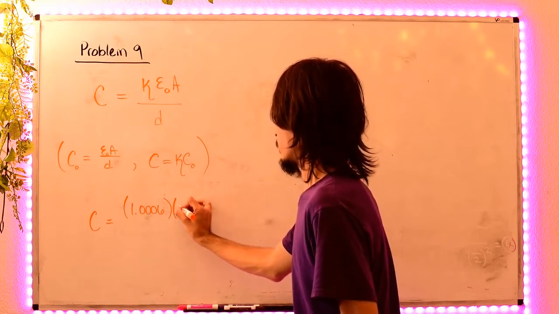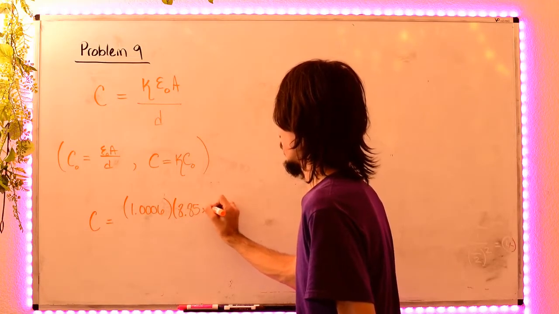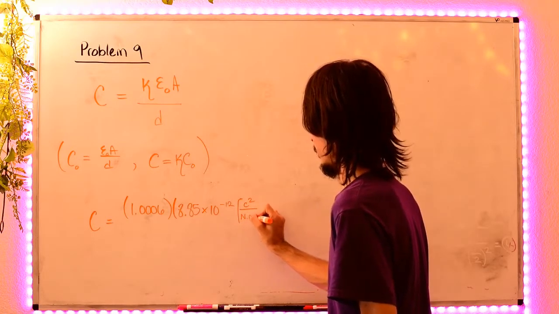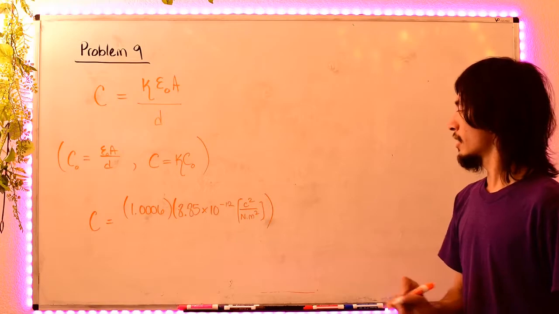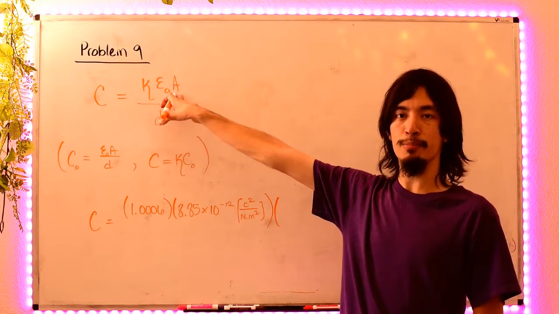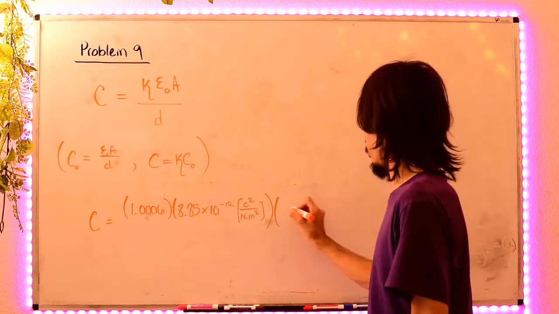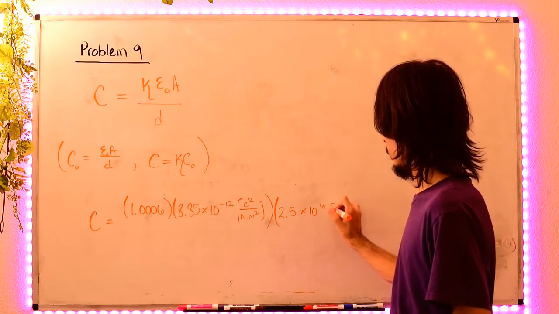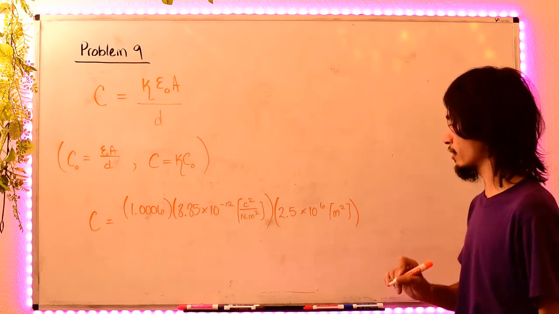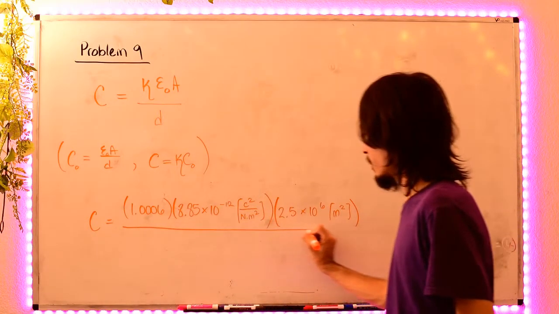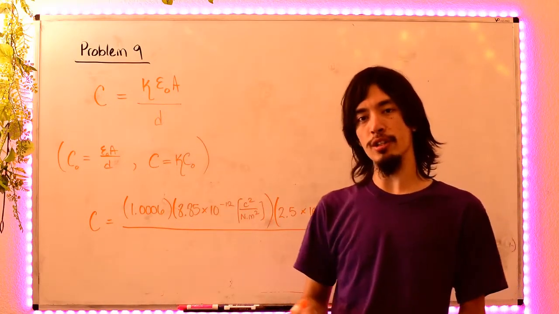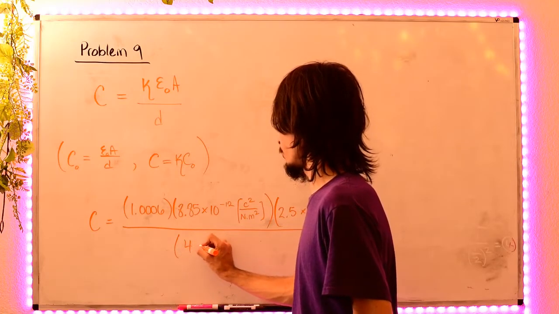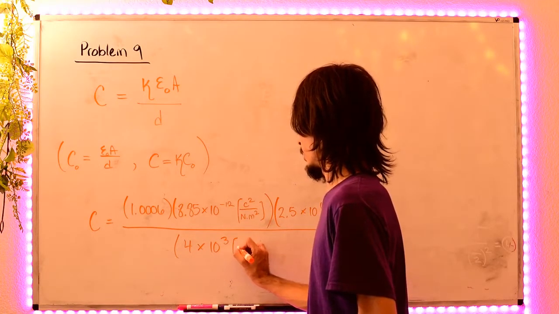Times the constant epsilon naught, which is given, it's 8.85 times 10 to the minus 12 coulombs squared per Newton meters squared, times the area that the charge is spread over, which is given in the problem, 2.5 times 10 to the 6th meters squared. Okay, so that's the area. And then divided by the distance separating the two regions of charge, which I tell you is 4 kilometers, so 4 times 10 to the 3rd meters.